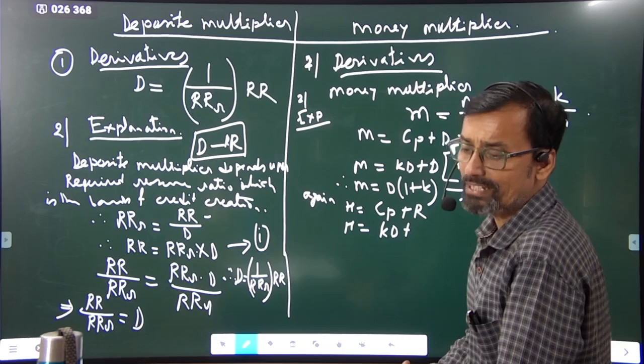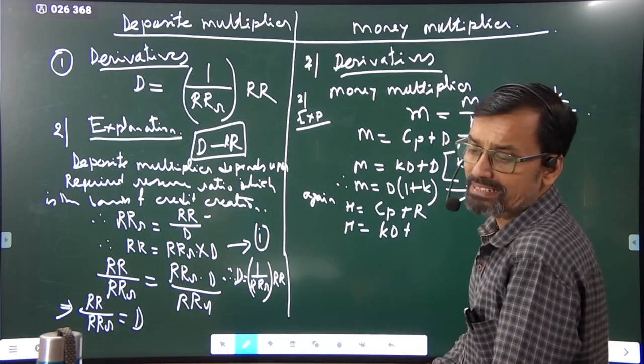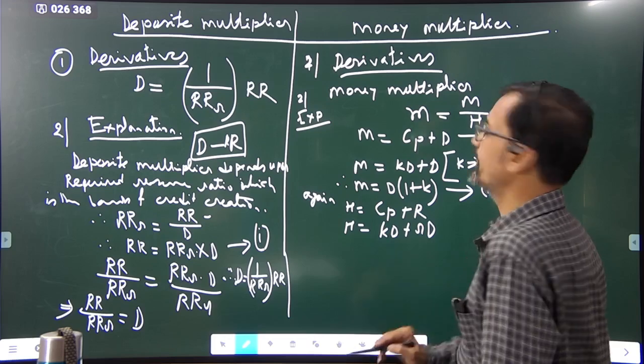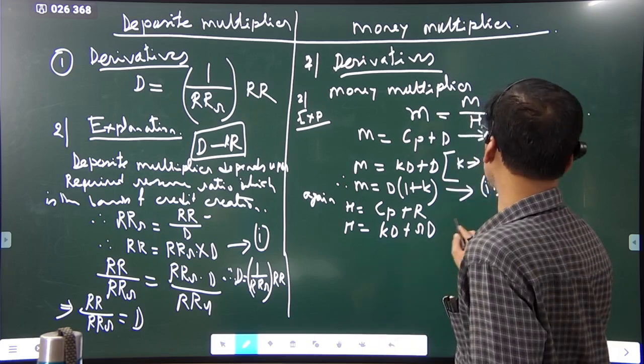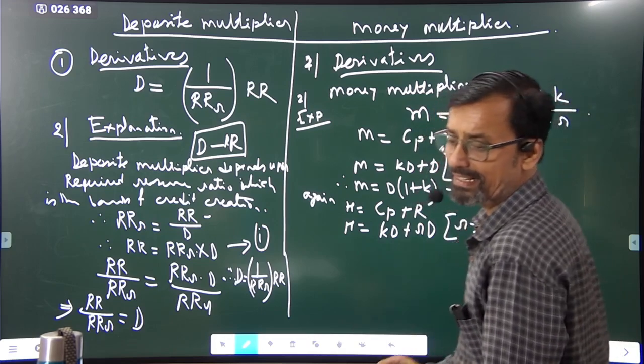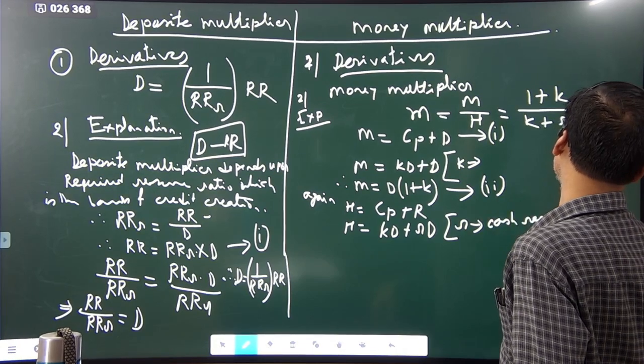So what is the reserve amount? It is the cash reserve ratio, the rate of reserve into total deposit. So this R indicates the cash reserve ratio.